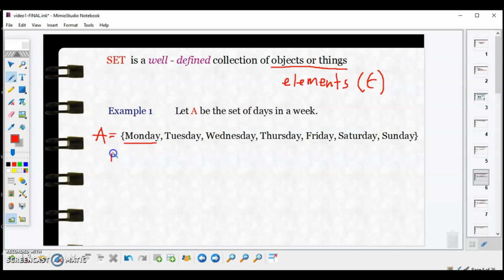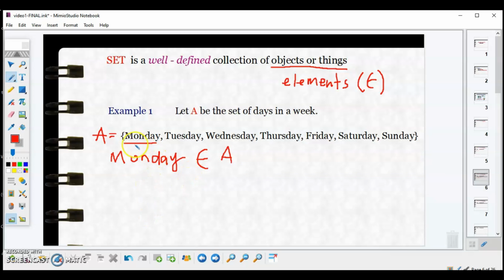Therefore, we could say that Monday belongs to set A. Or maybe Monday is an element of set A. Since we already know how to denote elements, and we use an epsilon, we write Monday, then the epsilon, followed by the name of the set, which is A. We read this as Monday is an element of set A, or Monday belongs to set A. If you want to start from A, you could also say set A contains Monday.